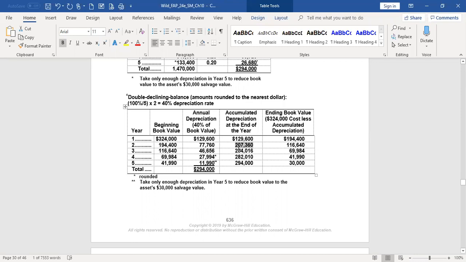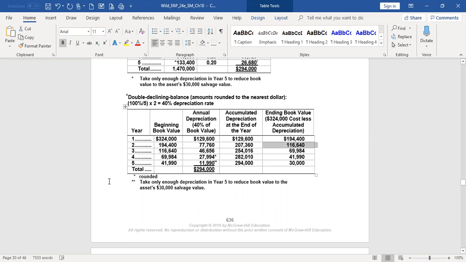You'll be crediting it for $77,760, adding it to the $129,600 credit already in the account. So now your book value at the end of year two will be the cost minus the new balance in depreciation, or $116,640.